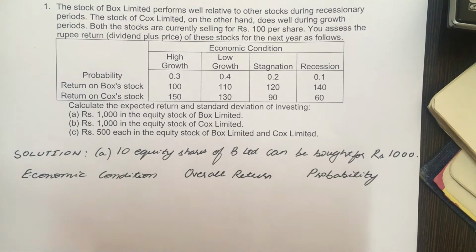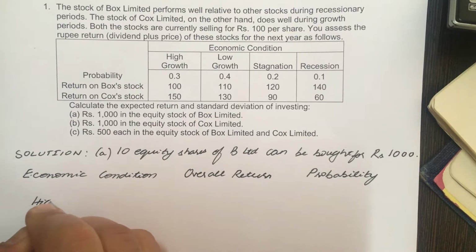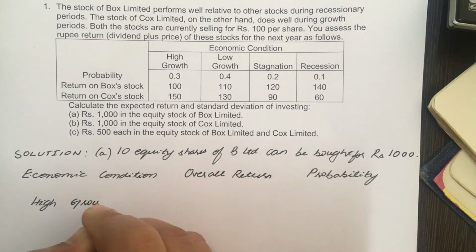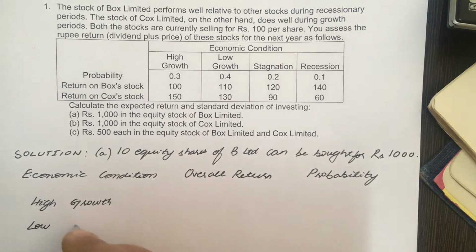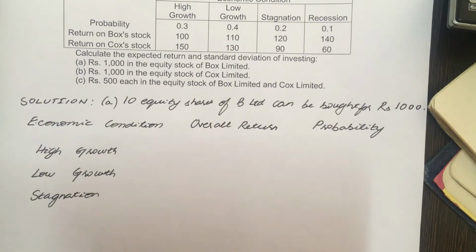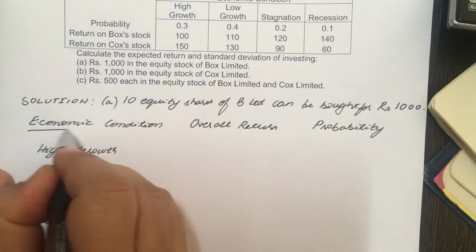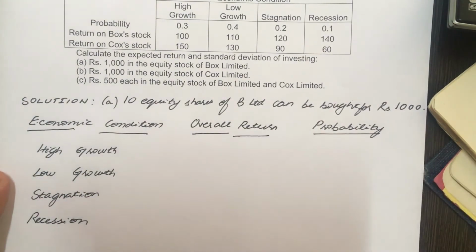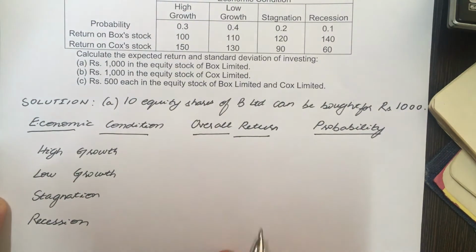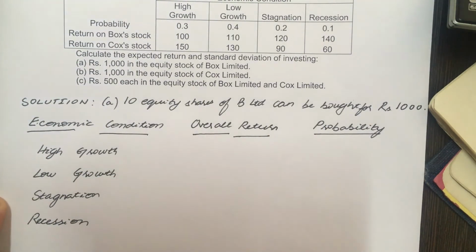So you have high growth, you have low growth, you have stagnation, and then you have recession. All right, so you have economic condition, overall return, probability, and then now show the overall return. Now this is for Box Limited. We have to find out the expected return and standard deviation for Box Limited.